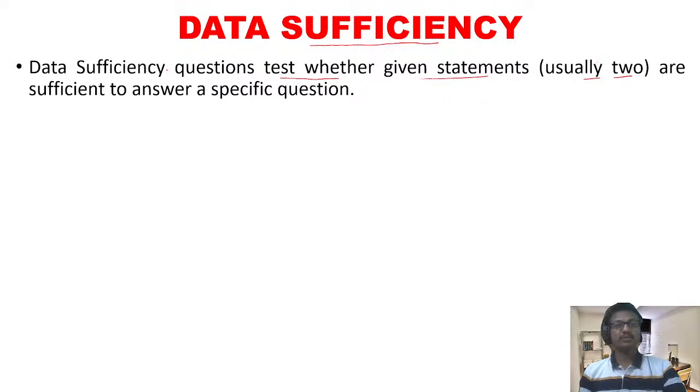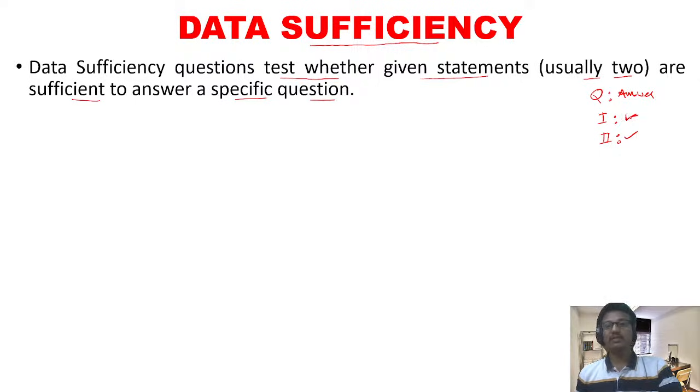So you will be given a question and two statements, statement 1 and statement 2. Now to answer this question, we need to decide whether these two statements will help us.